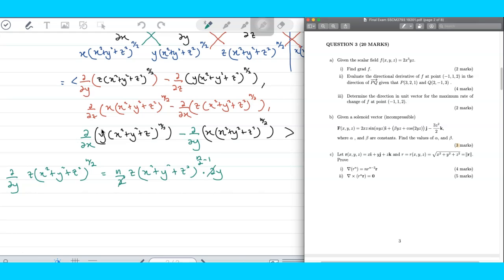So then you will get n z y times (x squared plus y squared plus z squared) to the power of (n minus 2) over 2.